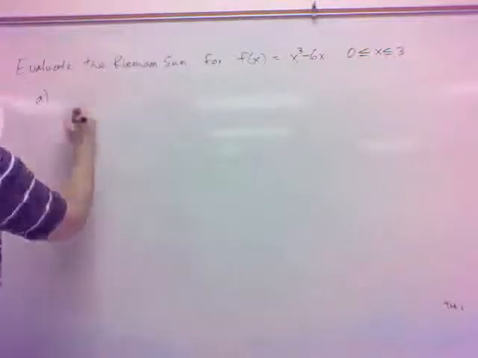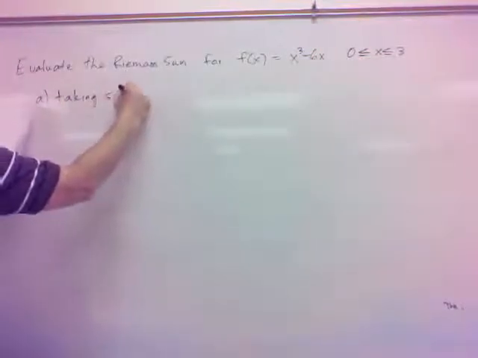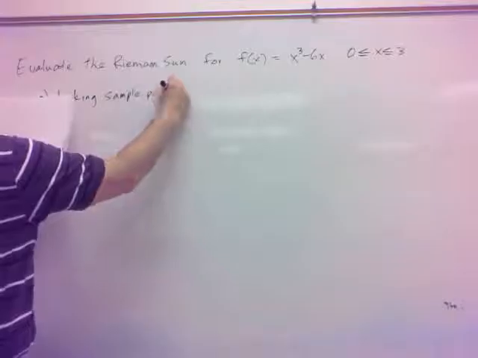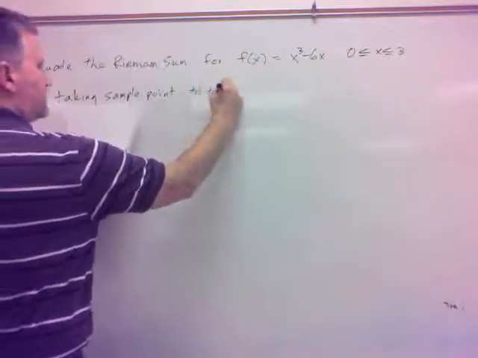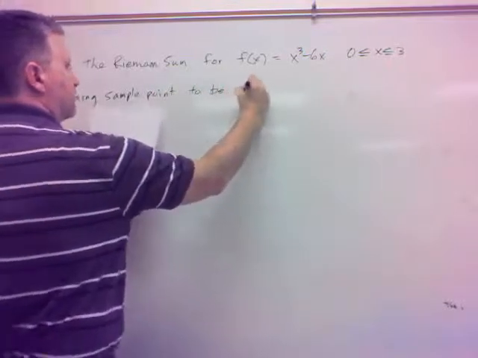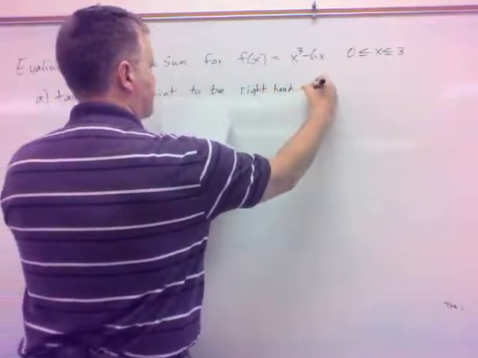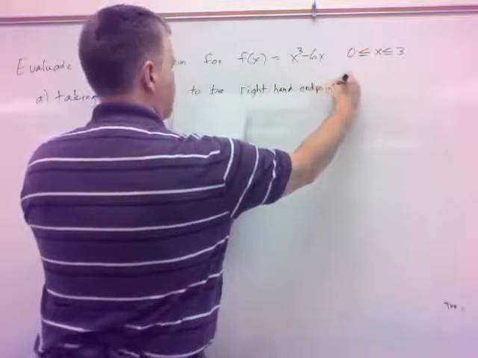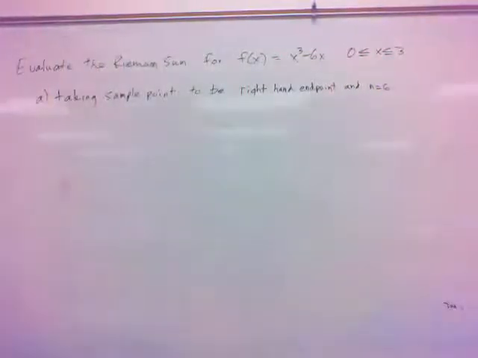A, taking sample points to be right-hand endpoints, and n equals 6. All right, I say all that out so you'll know. I think that's what they kind of do in the book.